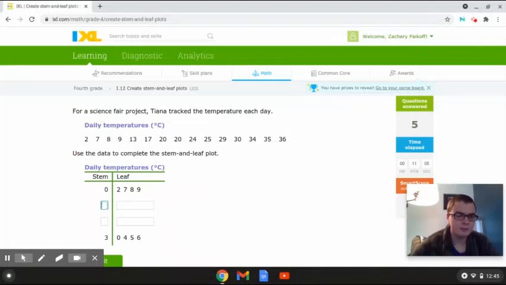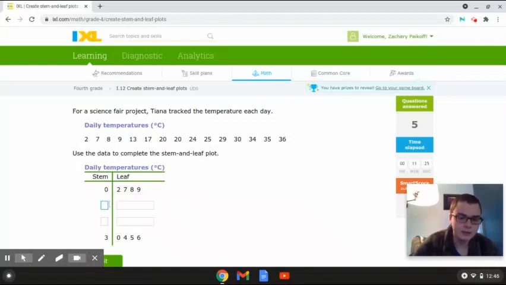And below here, we have to figure out 2 stems and 2 leaves for this problem. So the first one is done for us. We have 2, 7, 8, and 9 for this leaf.